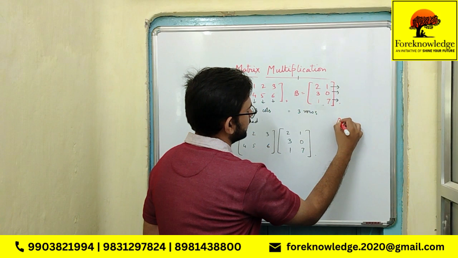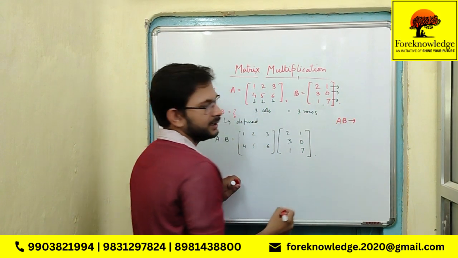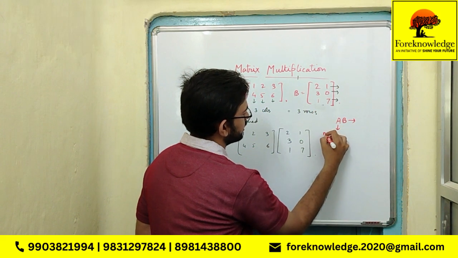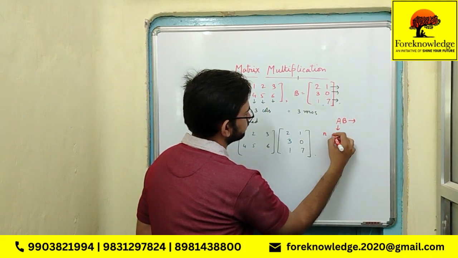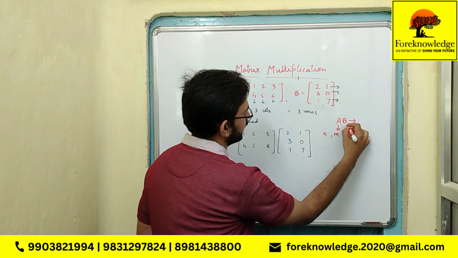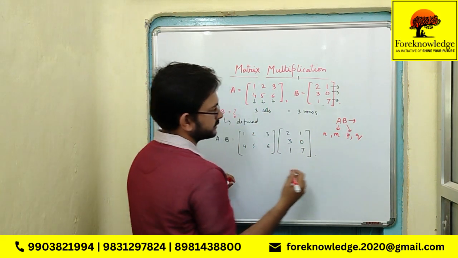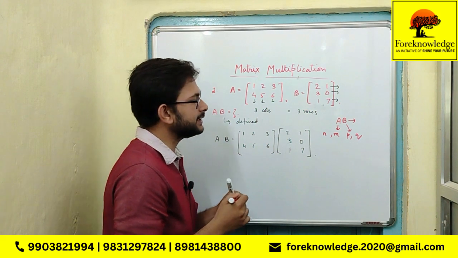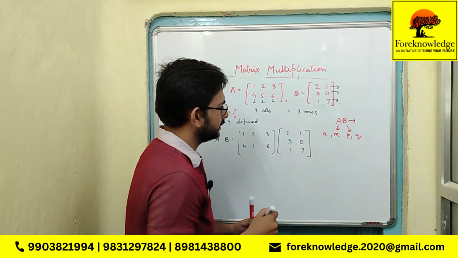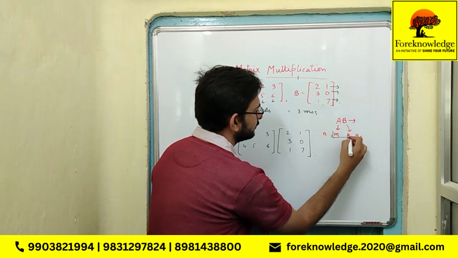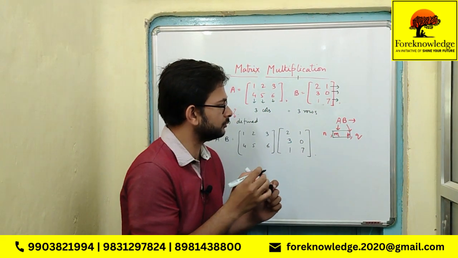If we are to multiply AB and suppose AB is defined, with A having n rows and m columns and B having p rows and q columns, then since AB is defined, m should be equal to p.